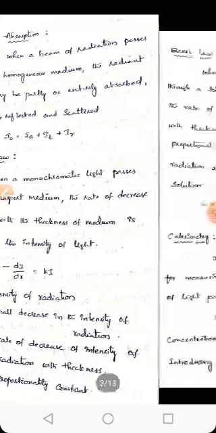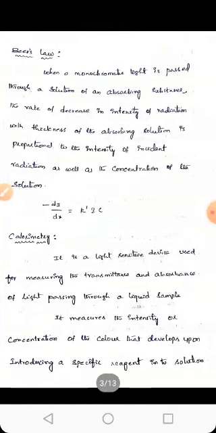And next, Beer's law. This law states that when a beam of monochromatic radiation is passed through a solution of an absorbing substance, the rate of decrease of intensity of radiation with thickness of the absorbing solution is proportional to the intensity of incident radiation, same as Lambert's law.